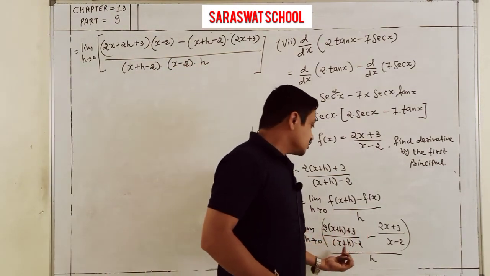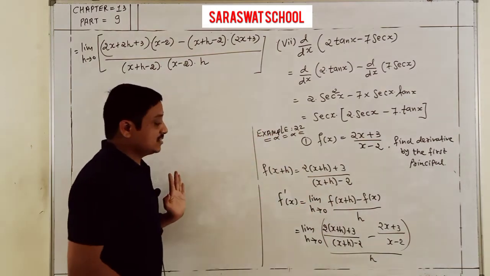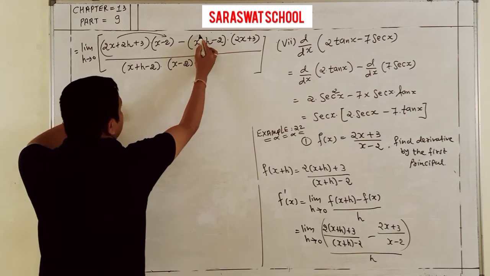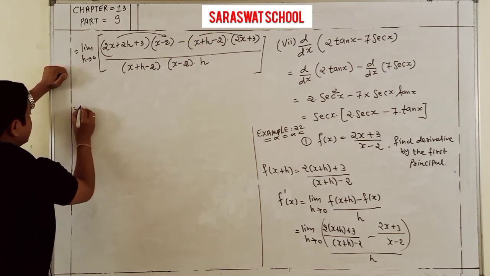Only I take cross multiply with this LCM. Now both are expanded, this expand same as this expand. So limit h tends to 0.